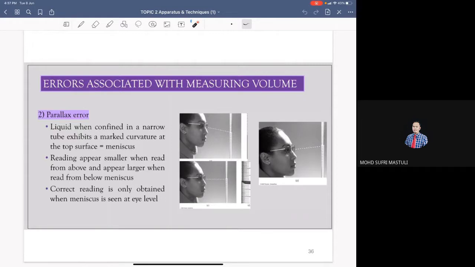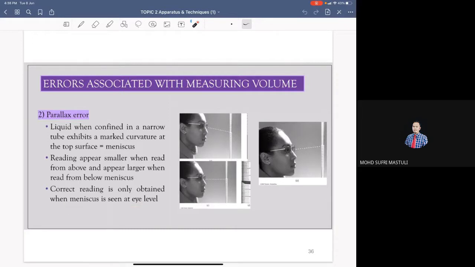So we should apply the correct way to read the volumetric glassware. The correct reading should be obtained only when the meniscus is seen at eye level.